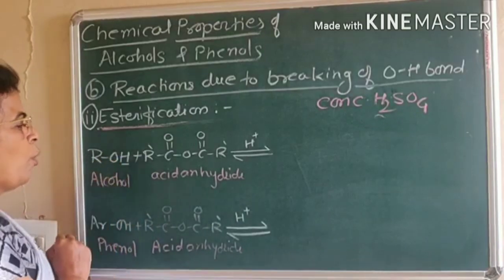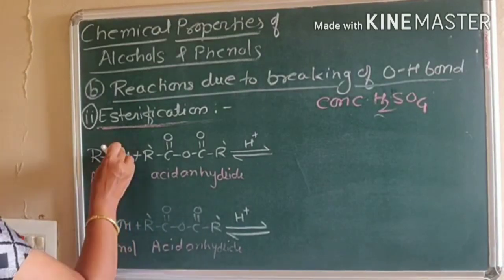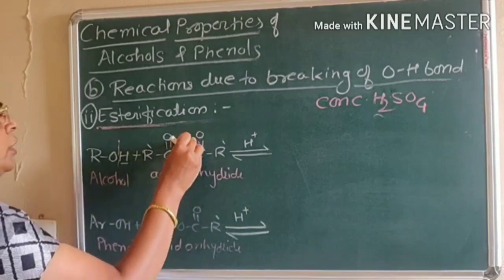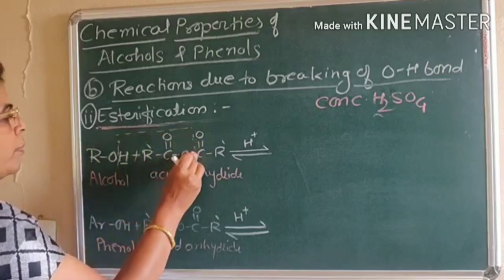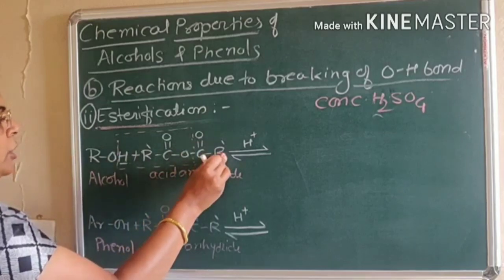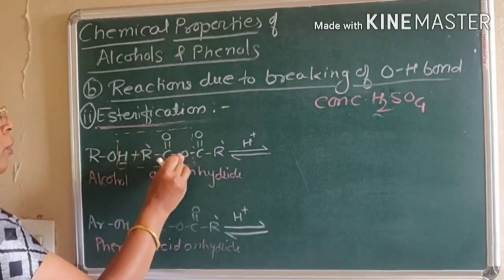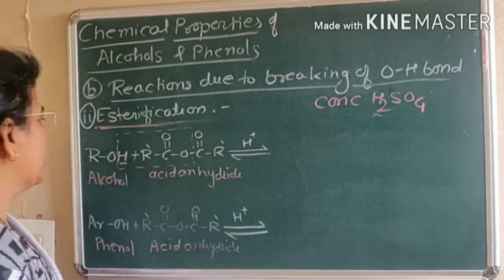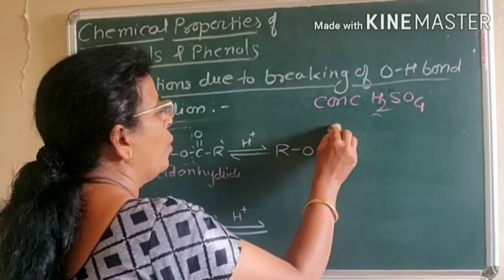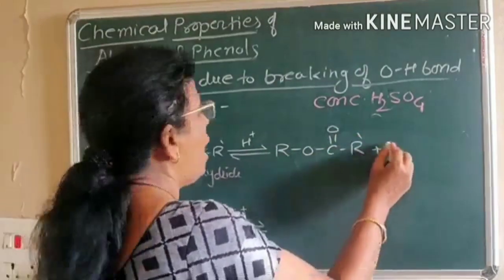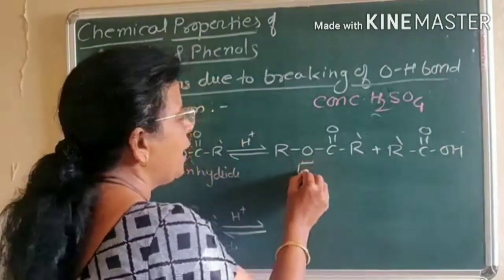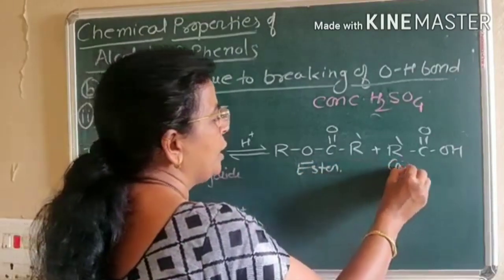The OH bond breaks, and this bond also breaks in this way, and we get RO C double bond O R dash plus R dash C double bond O OH. That is, we get ester along with carboxylic acid.